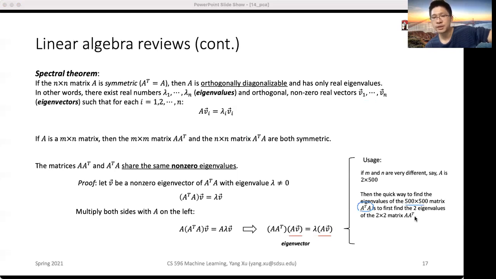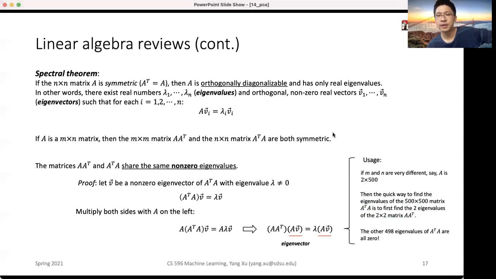Rather than compute this directly, we can compute A times A transpose, which is just a 2 by 2 matrix. For such a small matrix, it's much easier to find its eigenvalues and eigenvectors.